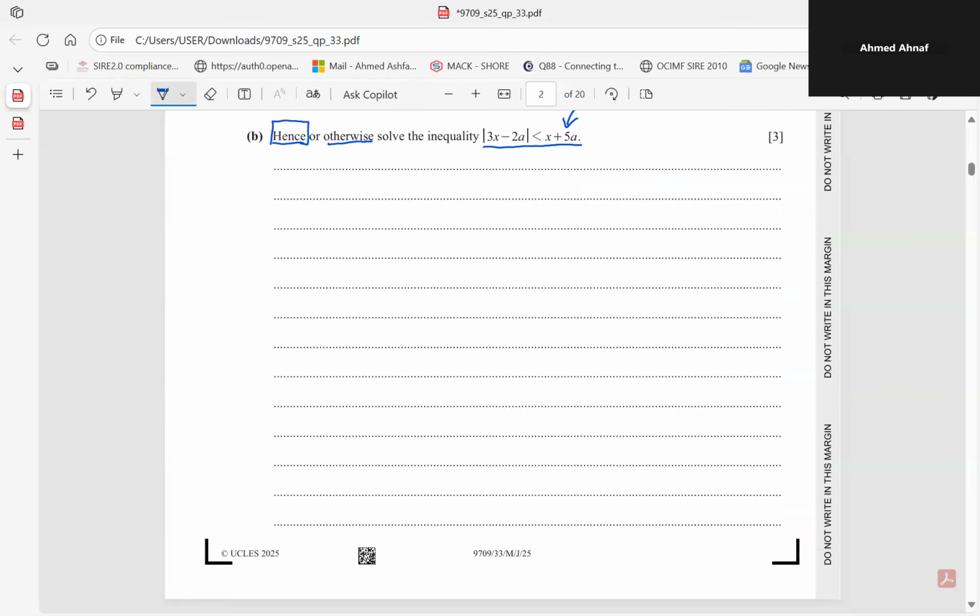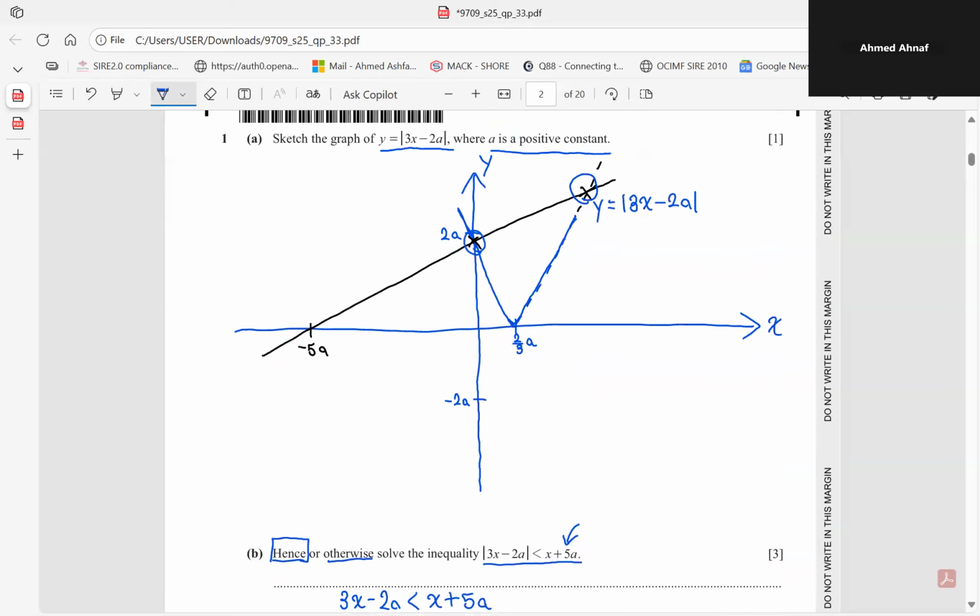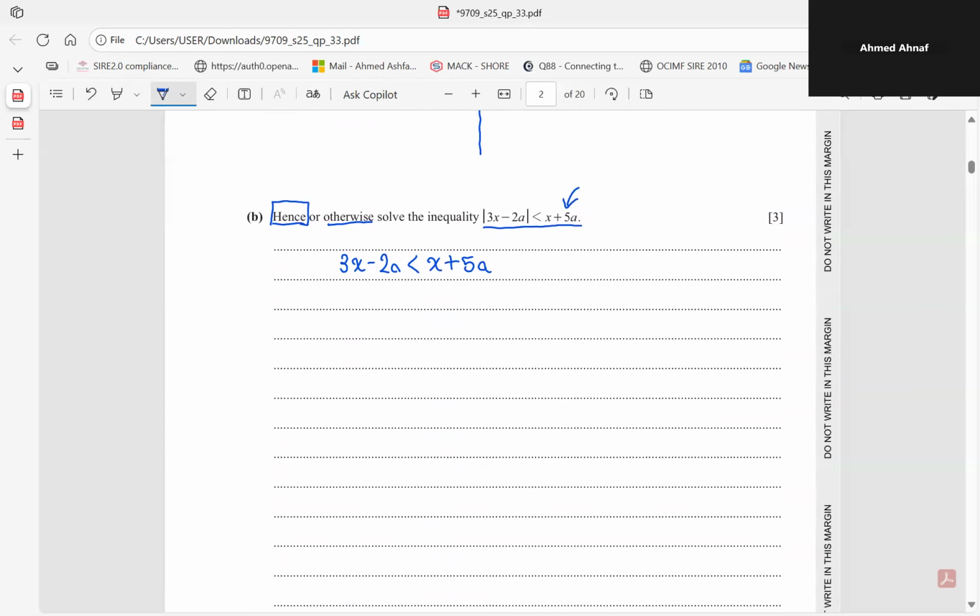So we'll equate 3x minus 2a less than x plus 5a. And for the other branch, this one, we're going to take the negative branch, so we multiply by minus 1: minus 1 times 3x minus 2a less than x plus 5a.